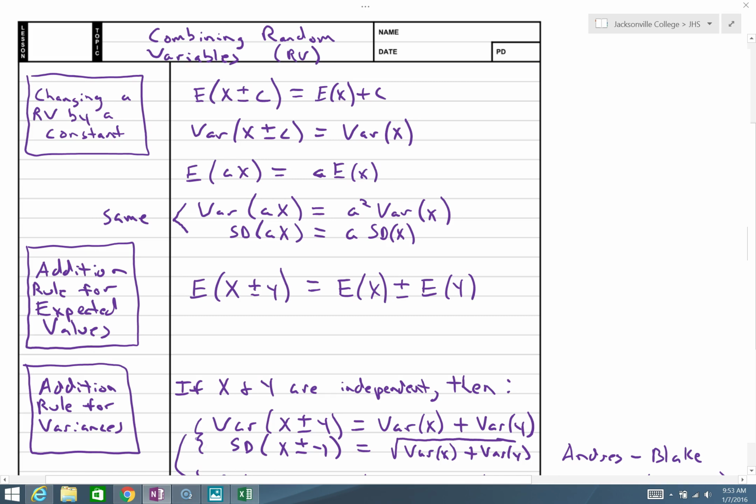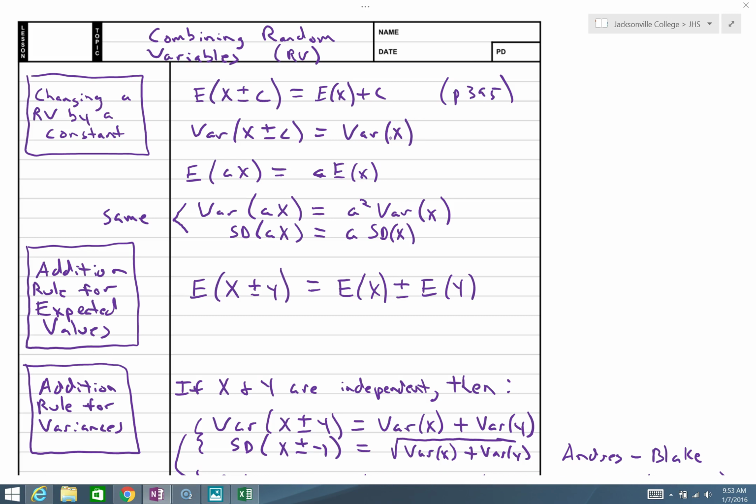From your textbook, there is an example and an explanation for this first one on page 395, for both this expected value and variance for these multiplications by constants.